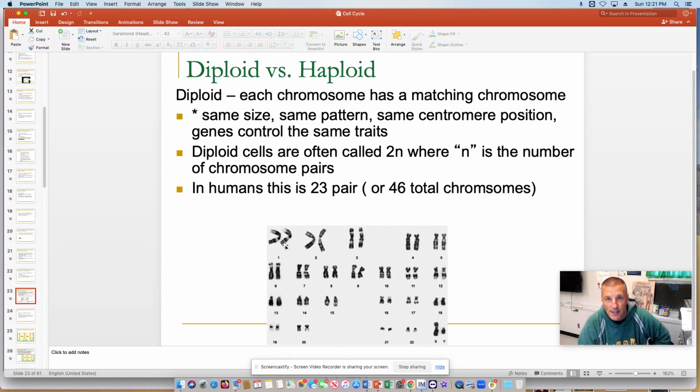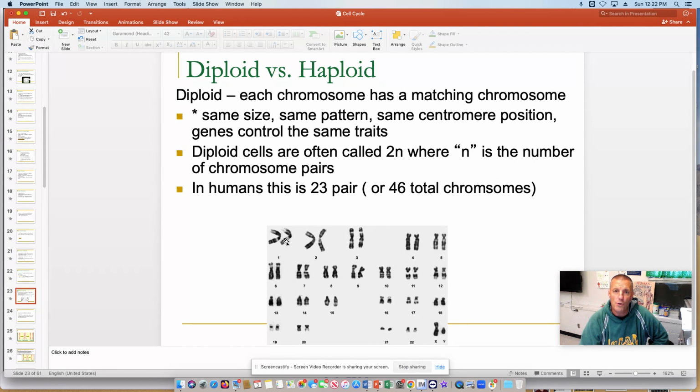So they both have to carry those characteristics, eye color, hair color, blood type. But this one from mom might be blue eyes, blonde hair, and type A blood. And this one from dad might be brown eyes and brown hair and type O blood.